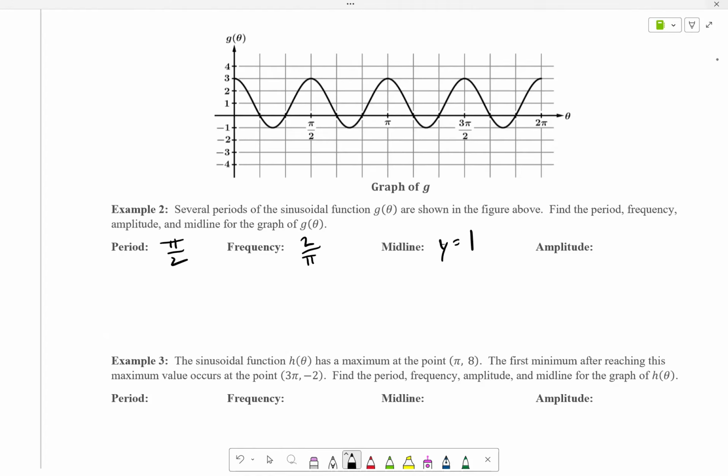Well, let's see what Nia did. What did you do? How'd you get y equals 1? Just 3 and... Okay.